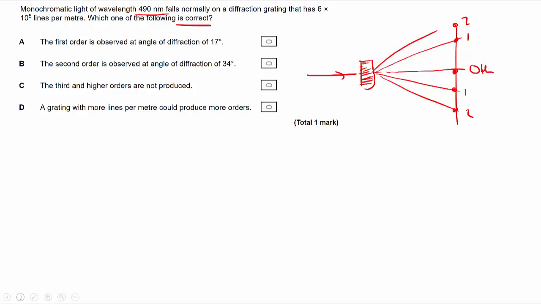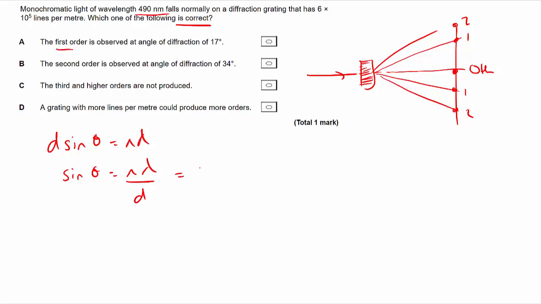So let's go back in and just see what we can do with that formula. d sin theta equals n lambda. I'll be trying to calculate the angle just to check these out. So I can rearrange to sin theta equals n lambda over d. Sub in some numbers. Let's try and find the 1st order.